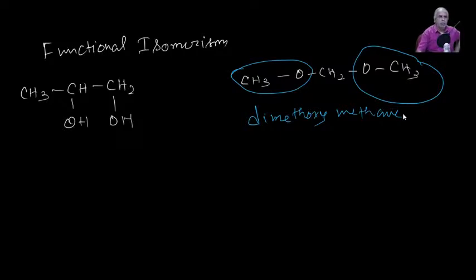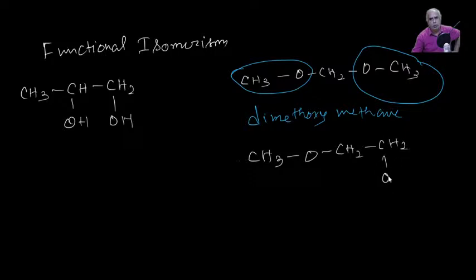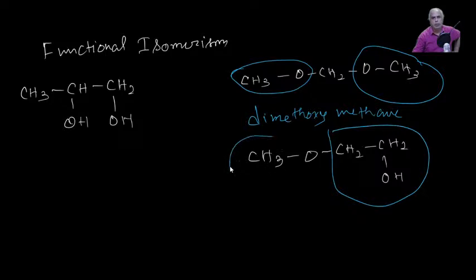And you have methoxyethanol also. Listen, CH3 O, this is methoxy, and then you can put CH2 and then OH. So this is methoxyethanol because this is the ethanol part where methoxy is joined here.